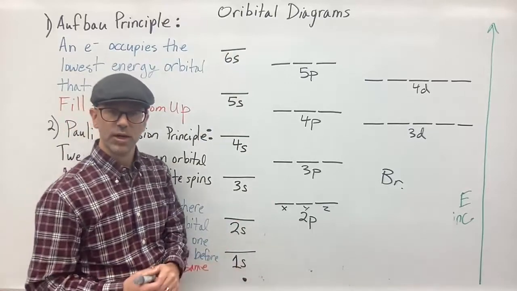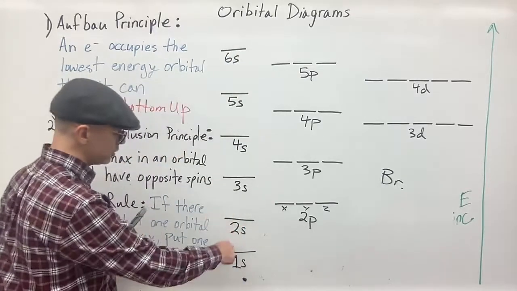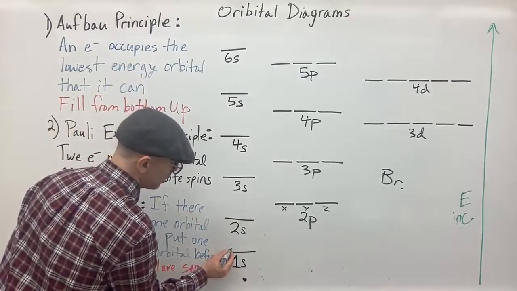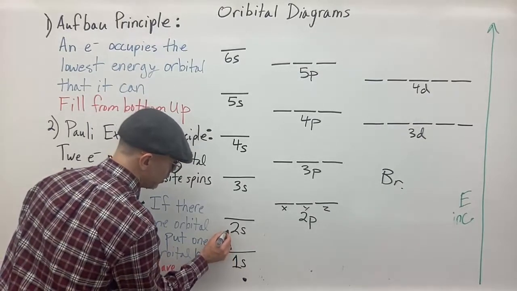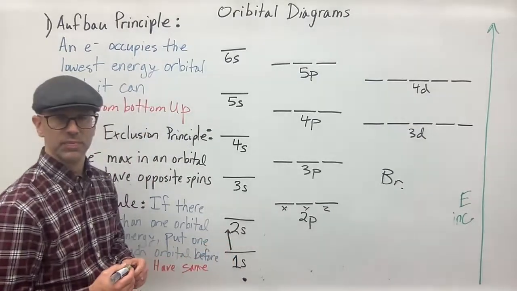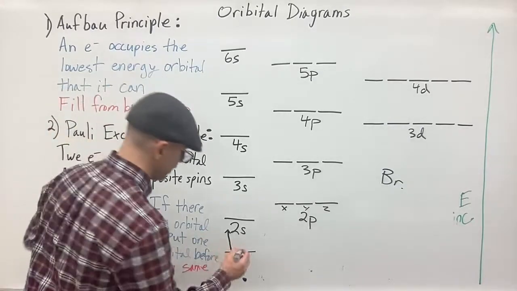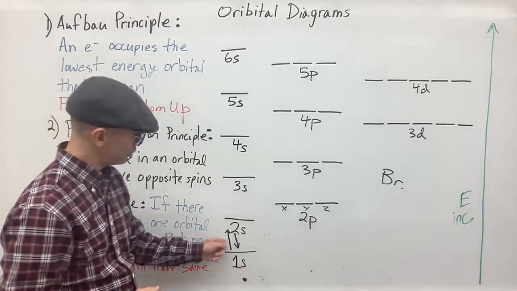So let's start with the first electrons. The first electrons are going to be put into here. When we put them into the orbital diagram, we draw arrows to represent spin. So the first arrow is spin up, and the second arrow is spin down. So those are two electrons.